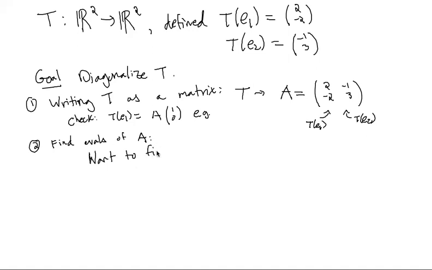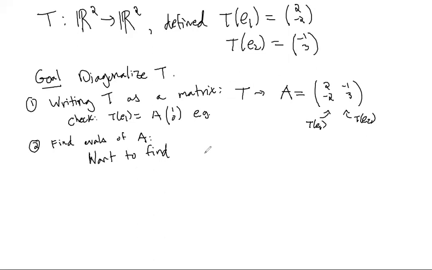Can you repeat the question? Oh yeah, the question is printed on the worksheet. So if we want to find eigenvalues of A, what matrix do we want to test whether it's invertible or not? So there's 4 options.